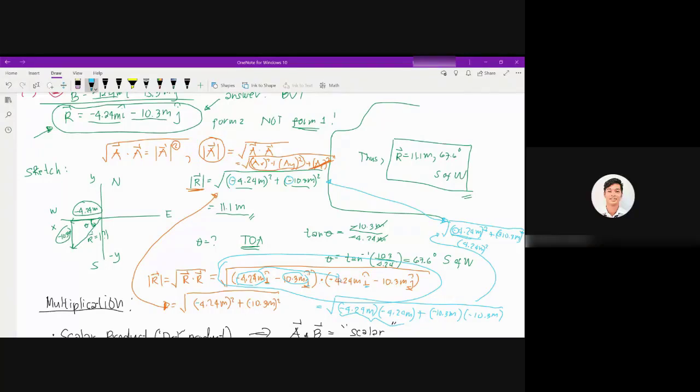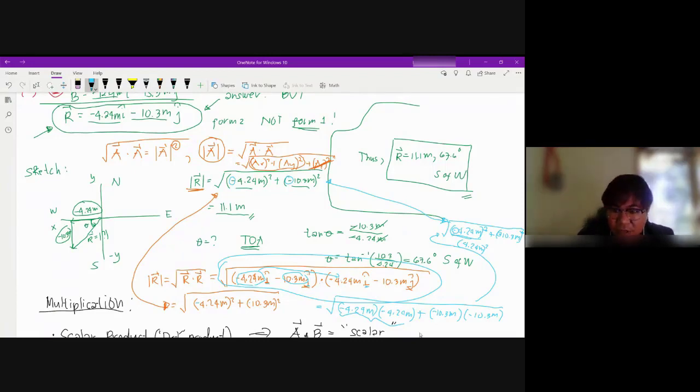Okay? So ang sunod nga kasagaran common nga pangutana sa class, makita ninyo sa book.